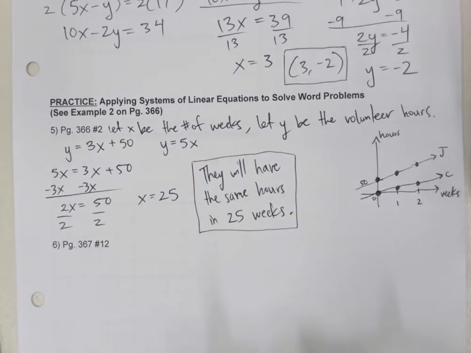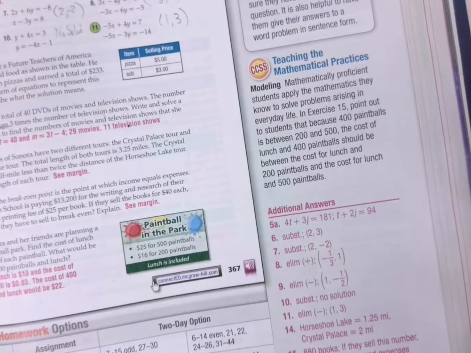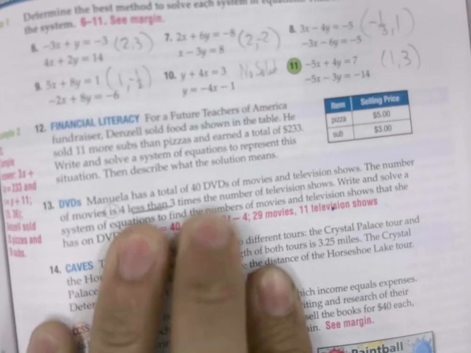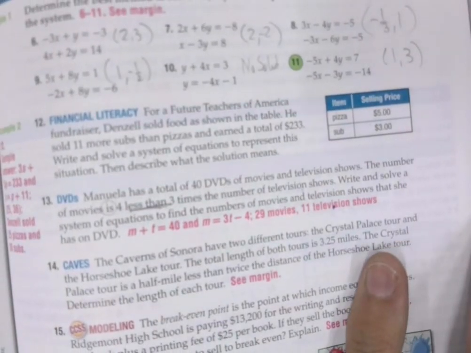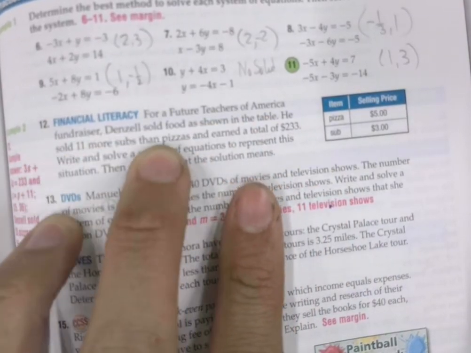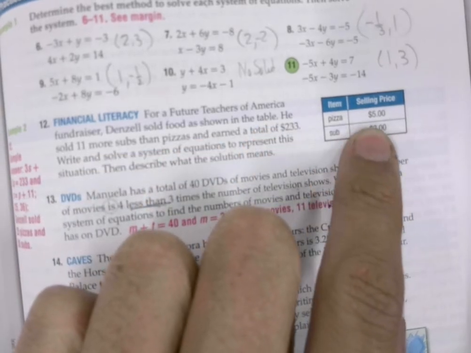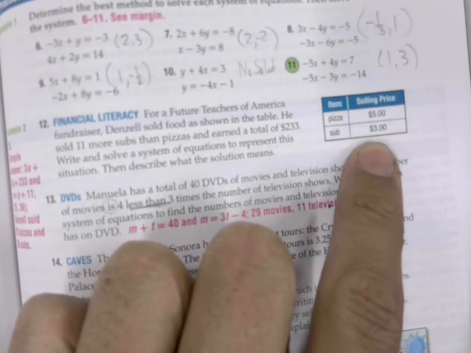Alright, great. So now let's go ahead and take a look at question number 12 on 376. Question 12 says, for the Future Teachers of America fundraiser, Denzel sold food as shown in the table. Pizza for $5 each, subs for $3 each.